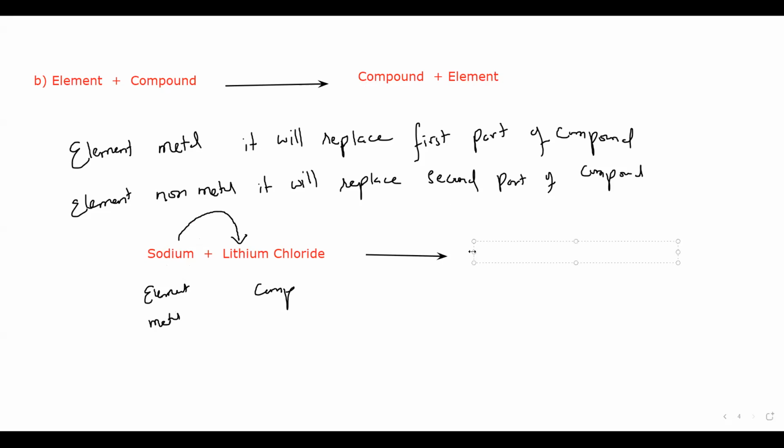What will be the product formed? It will form sodium chloride plus lithium. The lithium is being knocked out, or lithium is removed by the sodium, or sodium took the position of lithium. So when an element reacting with a compound is a metal, it will replace the first part of the compound.